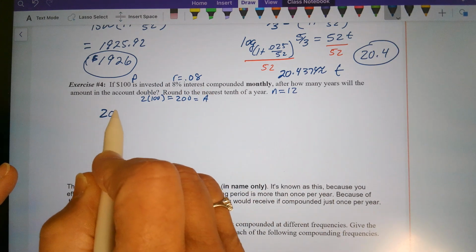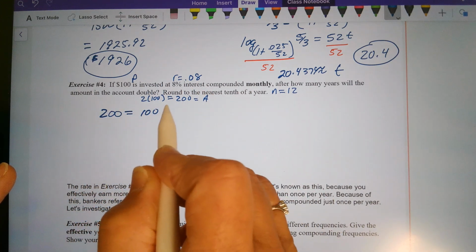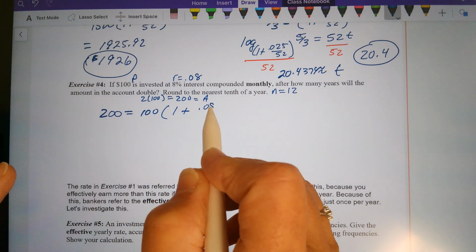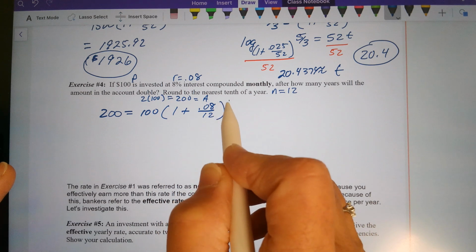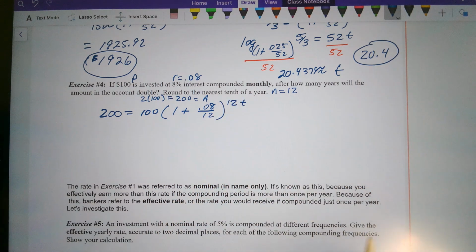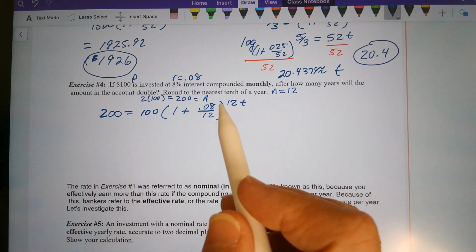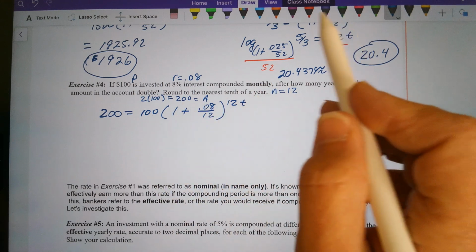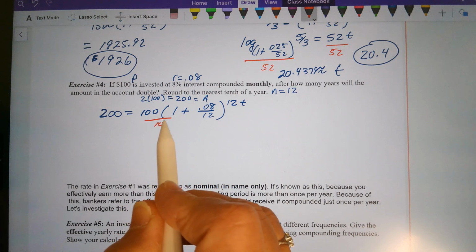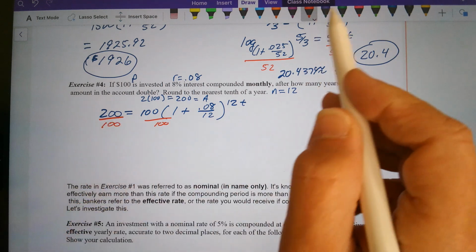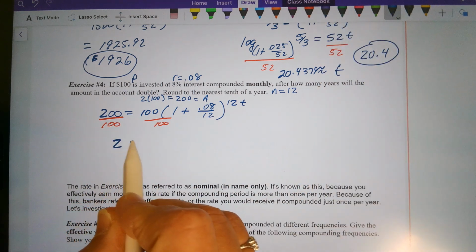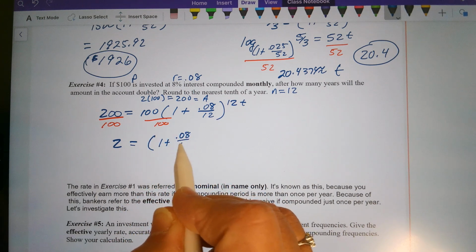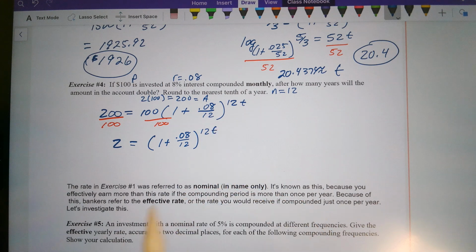So 200 is equal to 100 times 1 plus 0.08 divided by 12 raised to the 12t. Again, our base is here, an exponent, so first thing we want to do is divide by 100 on both sides, and 2 is equal to 1 plus 0.08 divided by 12 raised to 12t.